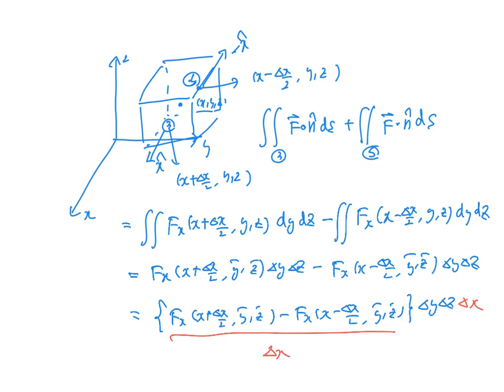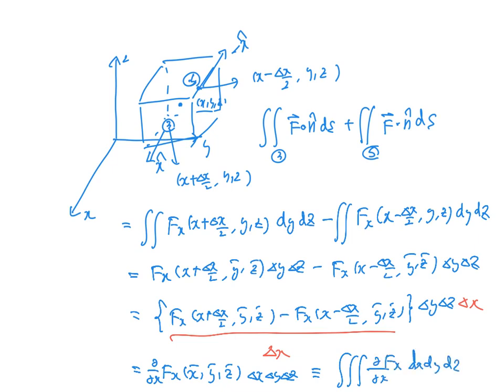So this is basically partial Fx over partial x at (x bar, y bar, z bar) delta x delta y delta z, a triple integral dx dy dz. Am I going a little too fast?